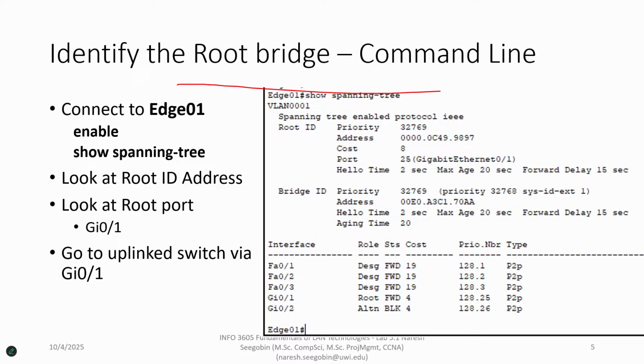So what we're going to look at is the CLI, and show the spanning tree. We're going to use the show spanning-tree command. Simple commands: enable and then show spanning-tree. We're going to be on edge 01.